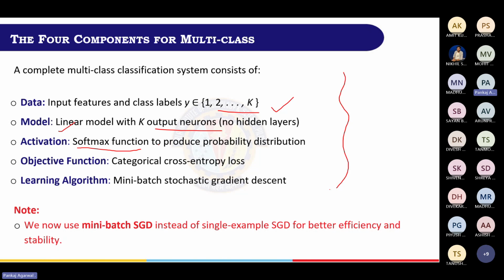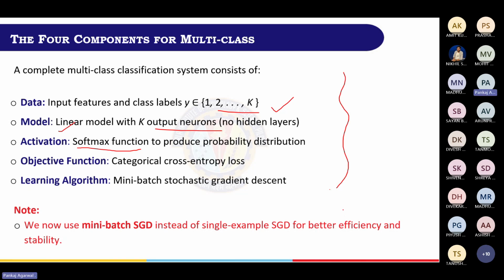So that's the reason I wanted to, because in the slides they cover activation functions later on, which is not the correct thought process. So the softmax function, if you remember, used to give you the probability distribution. You have to just go back and revise it if anyone has forgotten. And we would be using the categorical cross entropy loss.